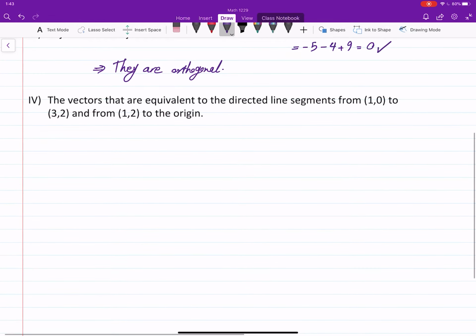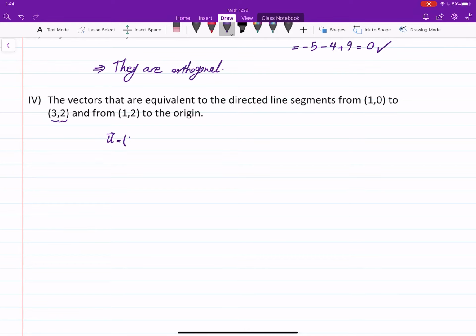How about this last one? Well, the vectors are not given explicitly, but the vectors are supposed to be the equivalent vectors to the corresponding line segments from a point to another point. Remember, to find the equivalent vector, you need to subtract the components of the starting point from the endpoint. For example, for this one, the endpoint is (3, 2).